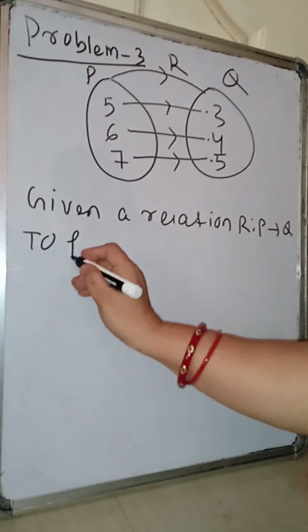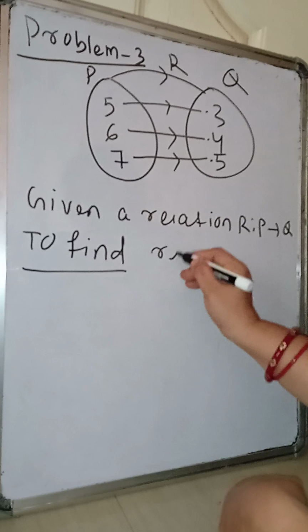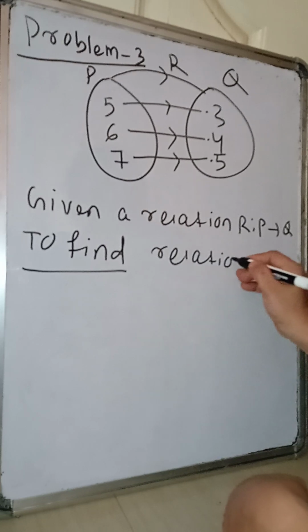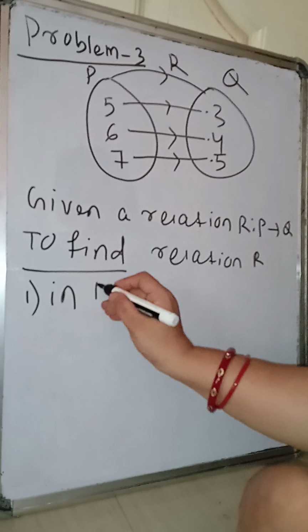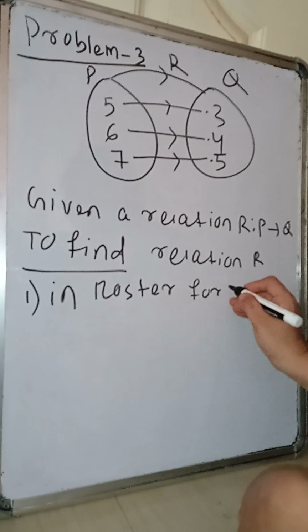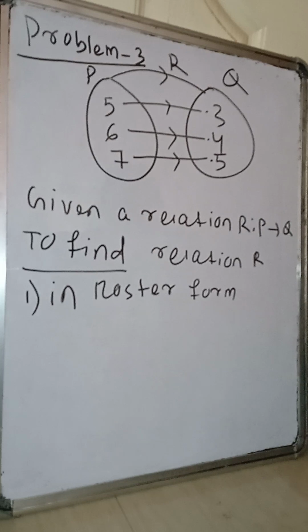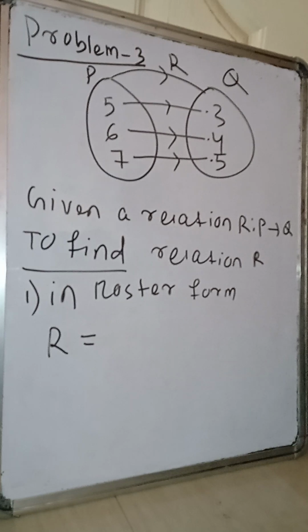So to find the relation R, first find the roster form. Roster form means you write the individual elements using curly braces. R is nothing but a collection of ordered pairs.